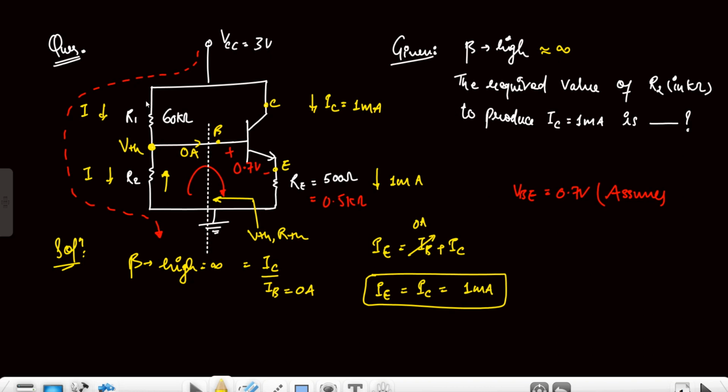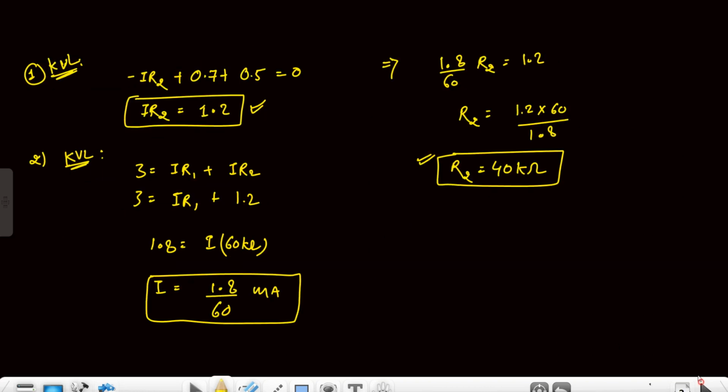RTH will be the parallel combination of R1 and R2, but there is no need to calculate it because the base current is 0. So VTH equals 3 R2 upon R1, that is 60, plus R2, and RTH is R1 parallel with R2, so it is R1 R2 upon R1 plus R2.